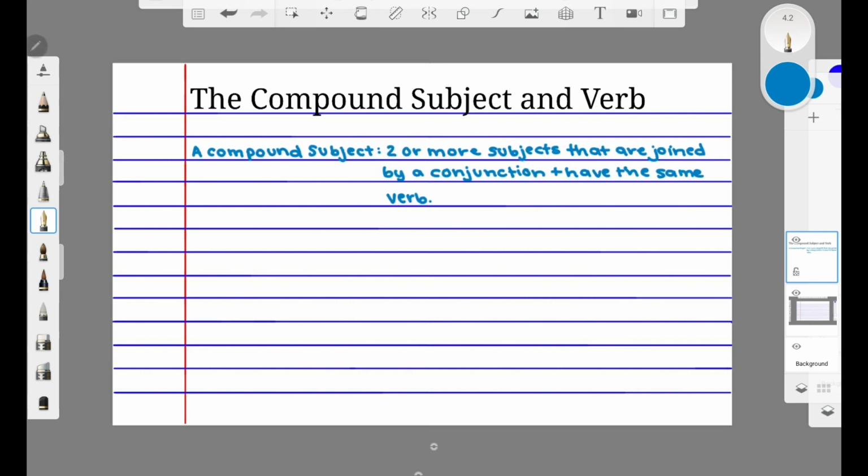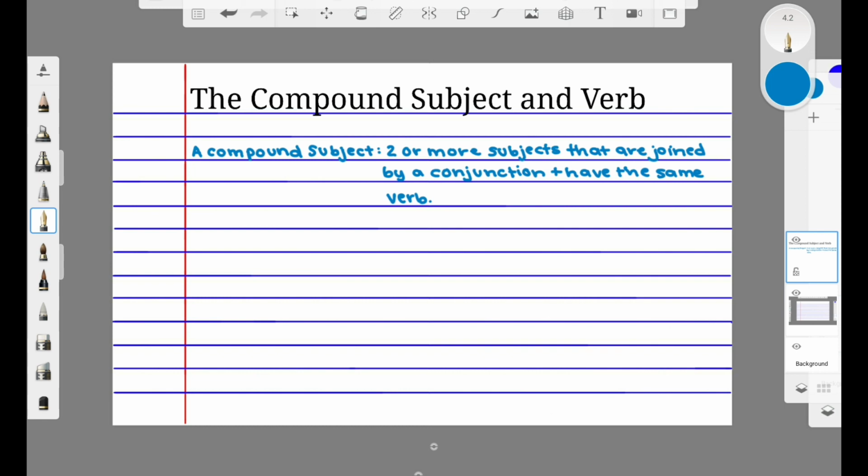When we talk about a compound subject, it consists of two or more subjects that are joined by a conjunction, like and, or, nor, and they have the same verb.